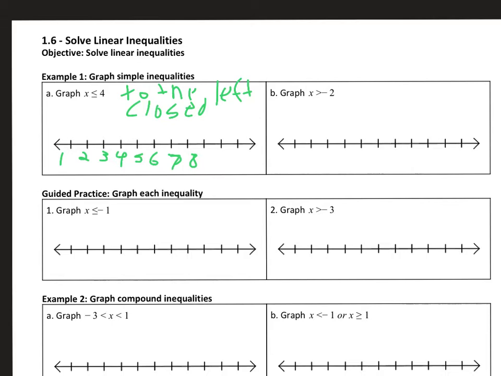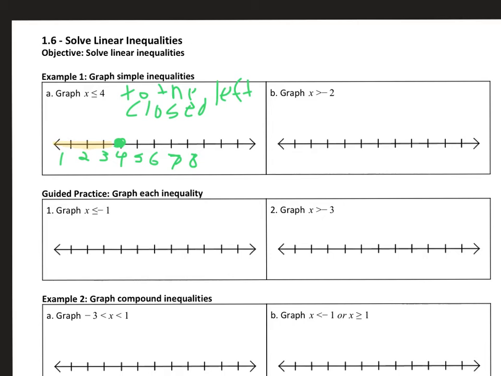But I do want numbering to show me you know left and right, basically. So closed circle at 4, and shading to the left. If you've got a highlighter, this would be a really great time to use that to shade. But if you want to just shade with your pen or pencil, that's fine. Don't go crazy. Just show me you know to the left.